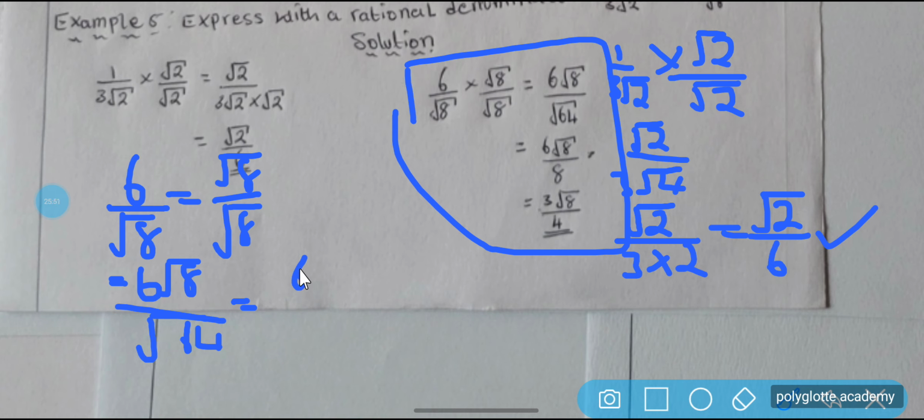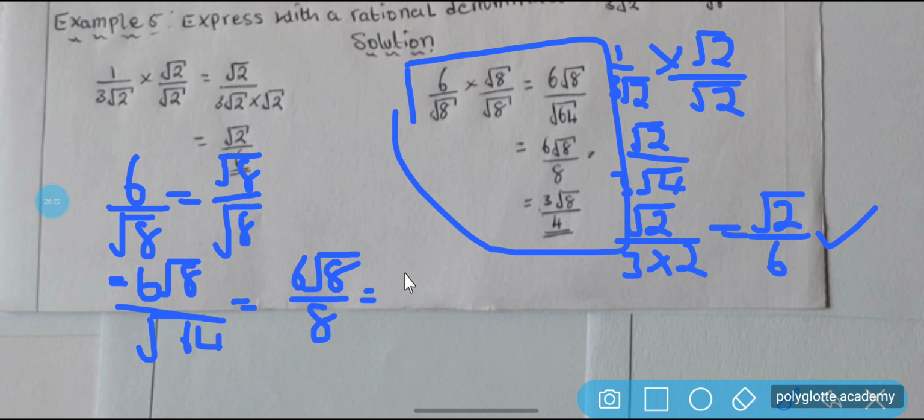We could still simplify this one. So root 8, we can simplify it further, because we know that we can put root 8 in another form. So divided by root 64, which is 8.